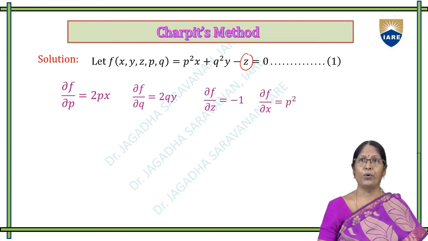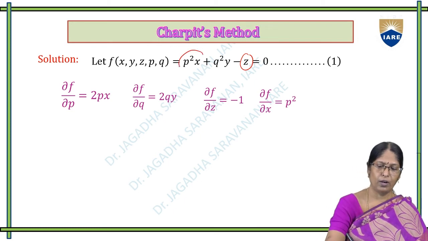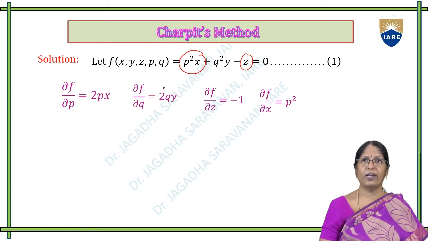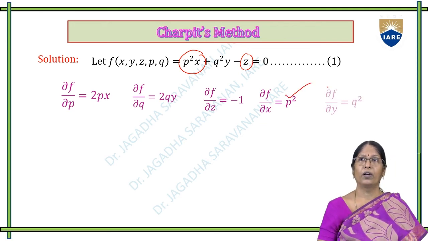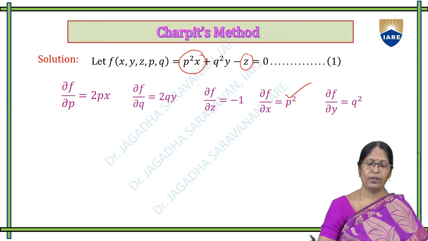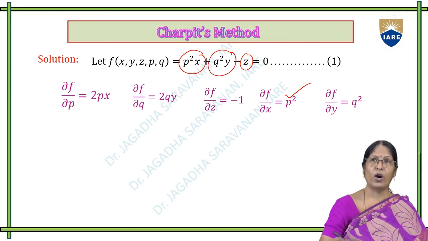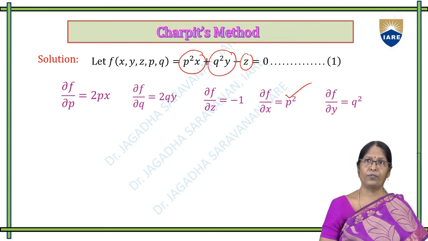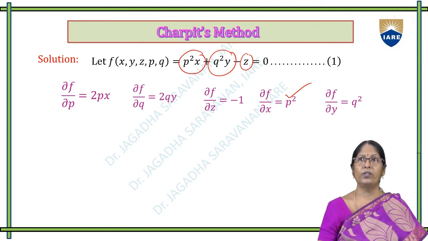Dou f by dou x. Here only one term, x is there. X differentiation is 1, 1 into p square, p square. Dou f by dou y. Here the term y is there. Y, the differentiation is 1, 1 into q square, q square.